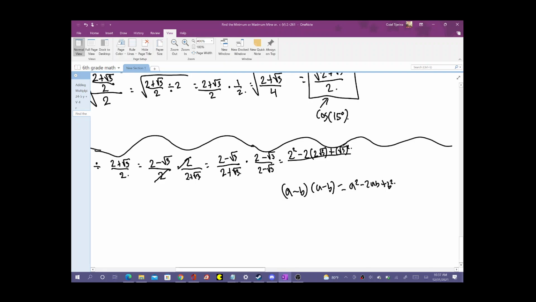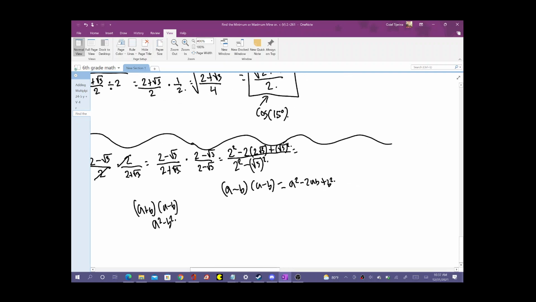There's nothing wrong with that. And also, a plus b times a minus b is just a squared minus b squared. This is just going to be 2 squared minus the square root of 3 quantity squared. This becomes 4 minus 4 square root 3 plus 3, and then over 4 minus 3.